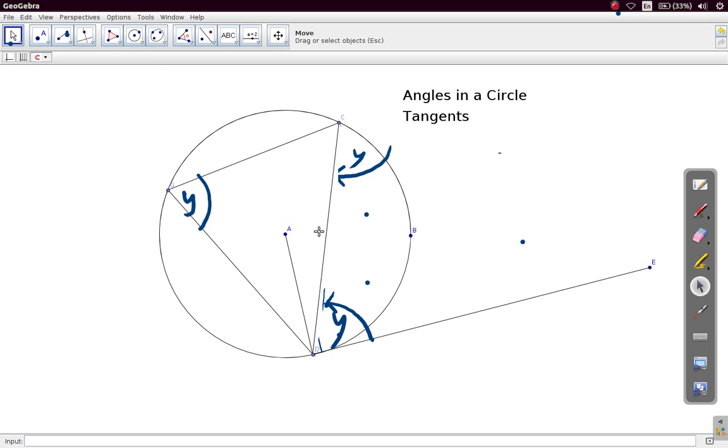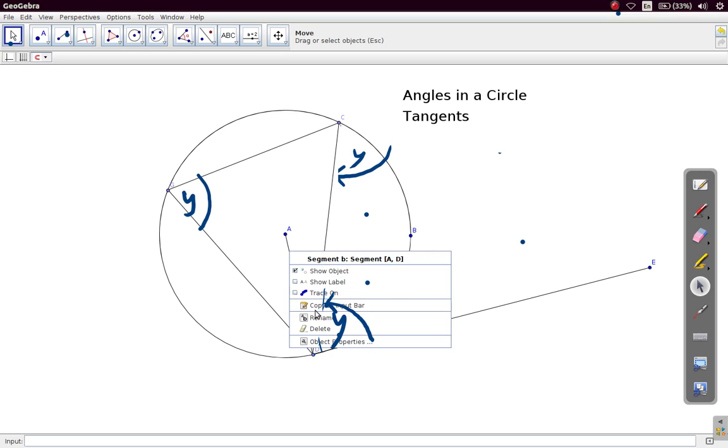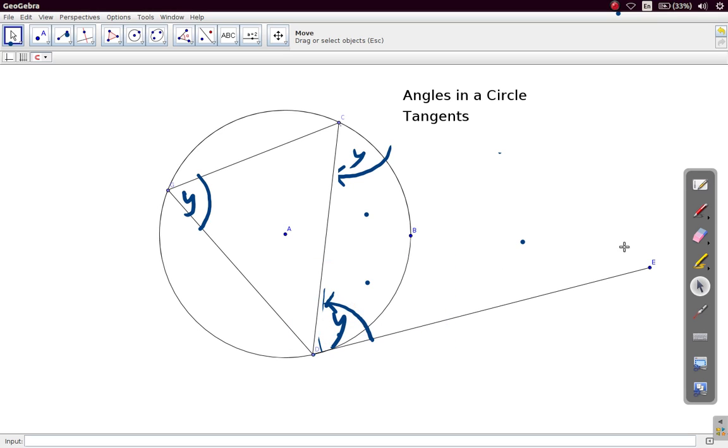Let me delete this and this. Erase some of these points here. And then I'm going to extend this line here.